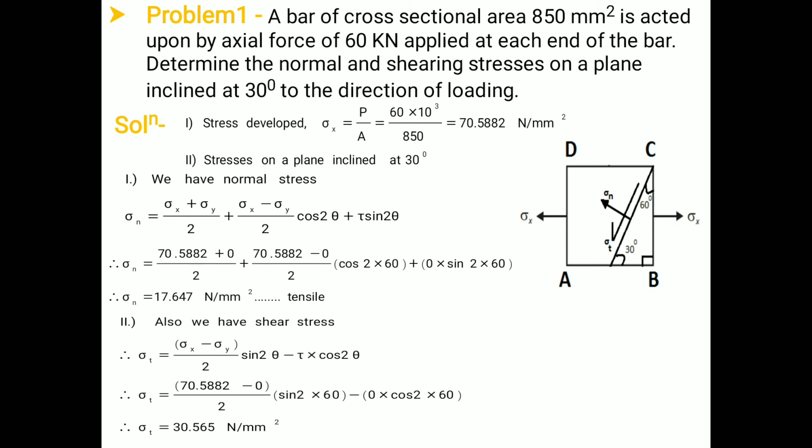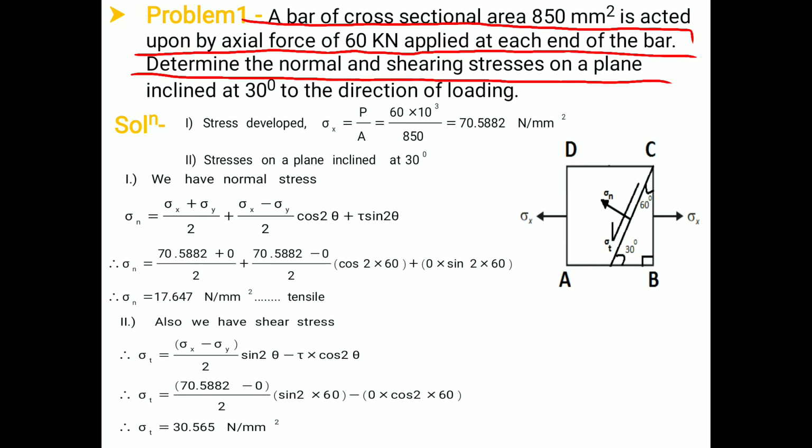The statement of the first numerical is: a bar of cross-sectional area 850 mm square is acted upon by an axial force of 60 kN, which is applied at each end of the bar. Determine the normal and the shearing stresses on a plane which is inclined at 30 degrees to the direction of the loading.